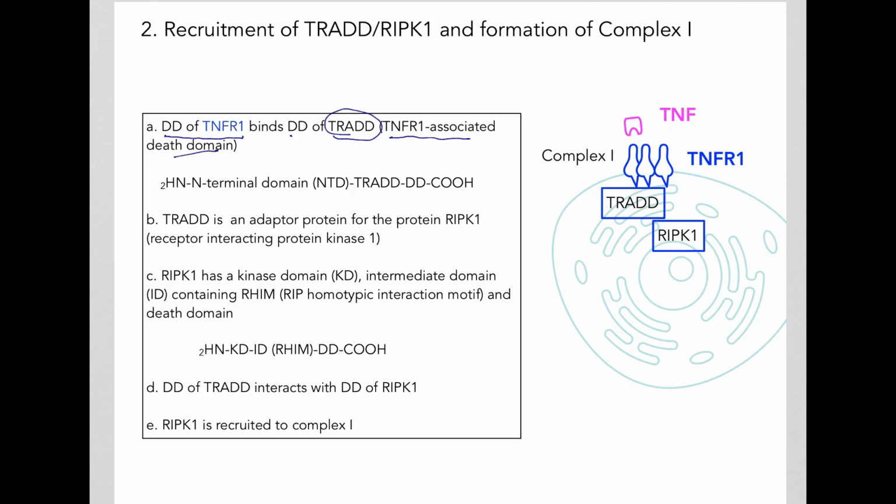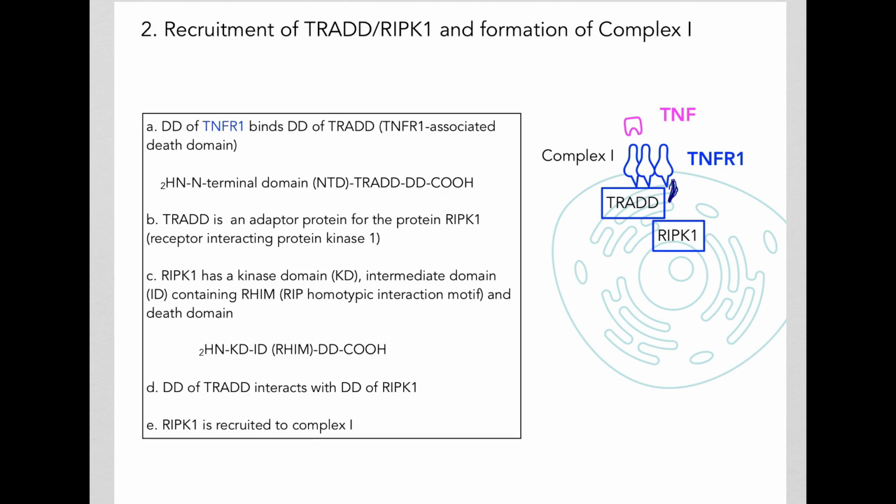So you can see TRADD has a death domain also. So this interaction of death domains will recruit TRADD to the receptor. So now we have TRADD that is bound to the receptor.